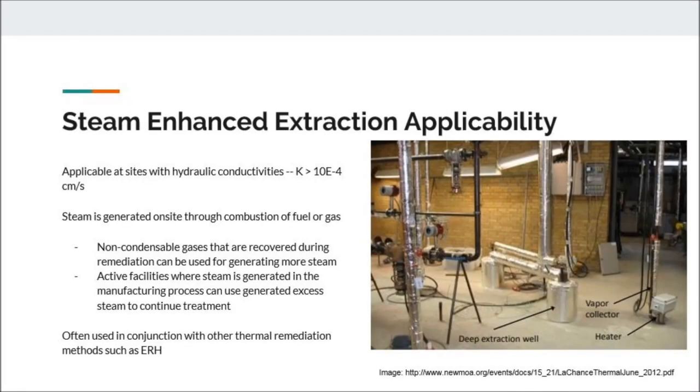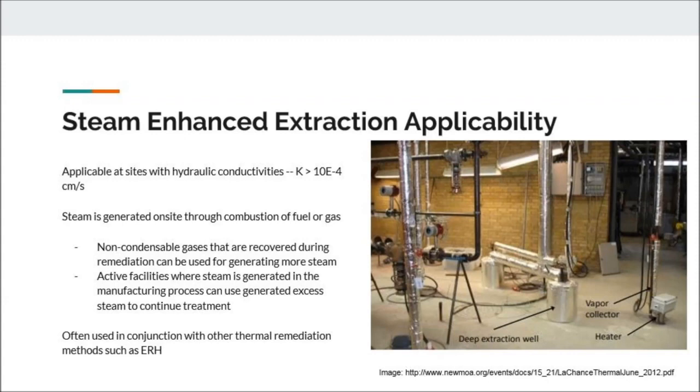So, steam enhanced extraction applications. One of the most powerful applications of steam enhanced extraction is that steam is generated on site through combustion of fuel or gas. But on active sites where steam is generated in the manufacturing process in their facility, through boilers or whatever, some excess steam can be used in the treatment process as well.